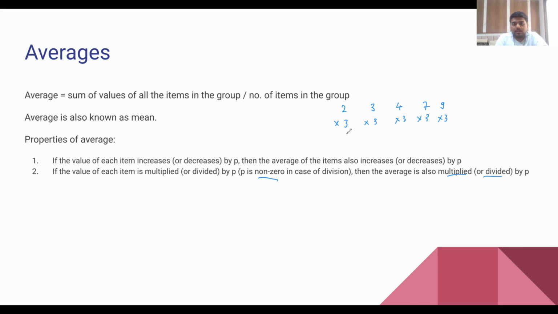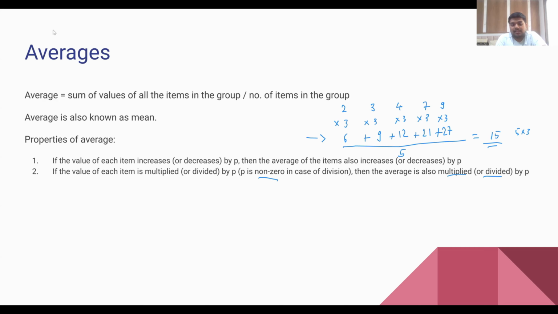So what will be the numbers now? 6, 9, 12, 21, and 27. Now, if you have to find the average of these 5 numbers, you will do the summation and divide it by 5 only, because there are only 5 numbers. So the sum will be 6 plus 9, 15 plus 12, 27. 27 twos are 54, 54 plus 21, 75. And 75 divided by 5 is 15, which is 5 into 3, right? So that is all about this property.